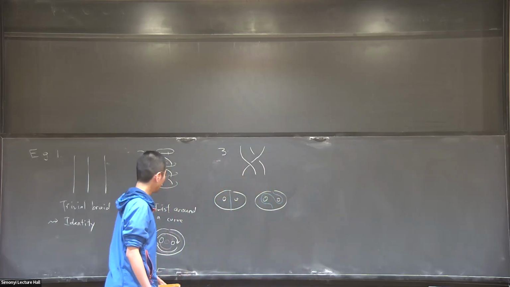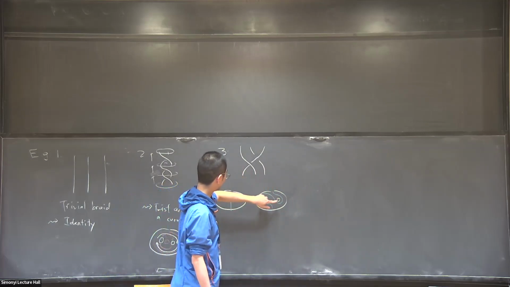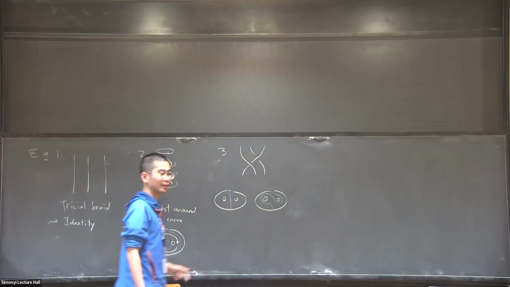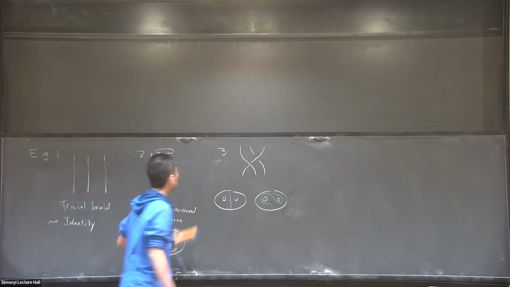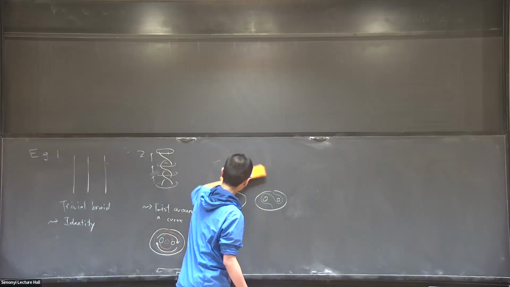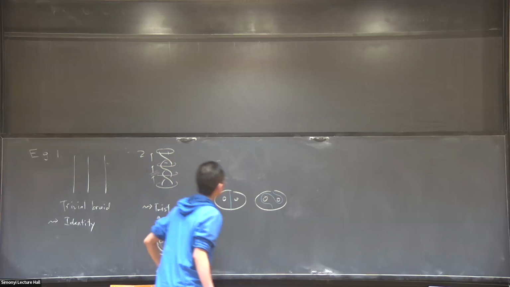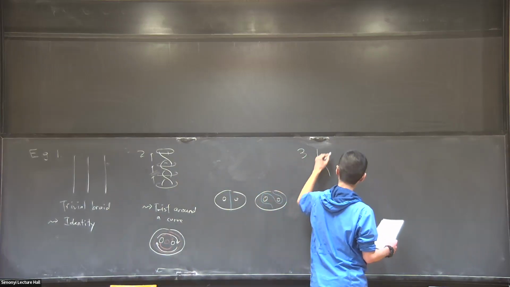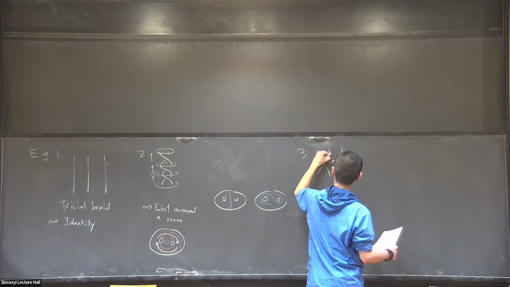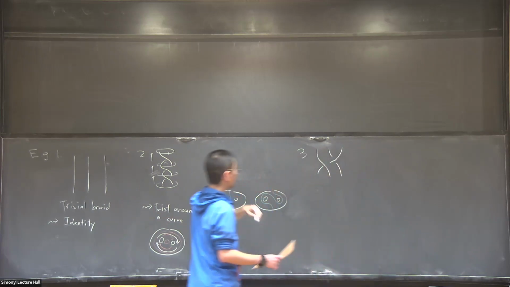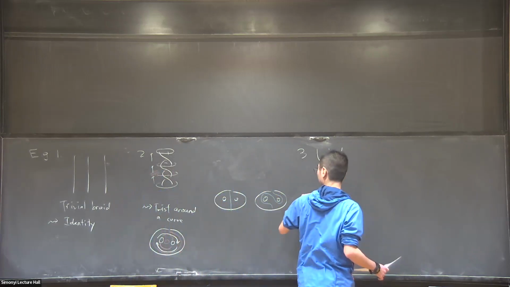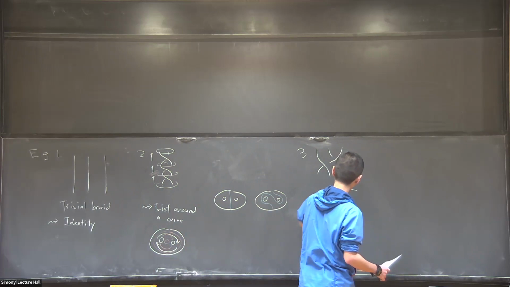But as you do more of these, this blue interval is going to get more and more wrapped around. Right, okay, so I had the French braid. And the induced homeomorphism is going to be a composition of two half twists.